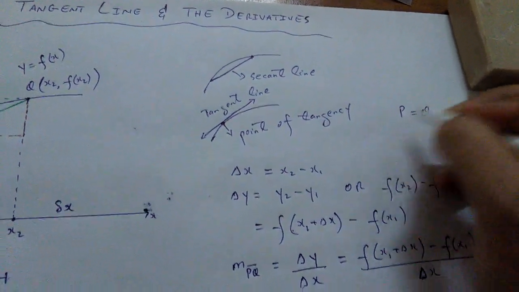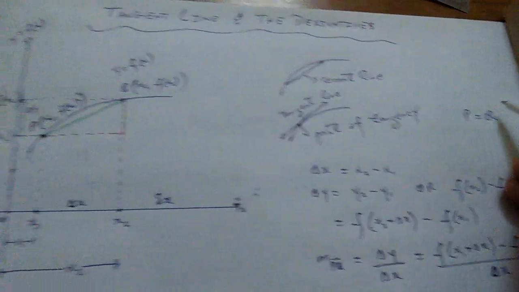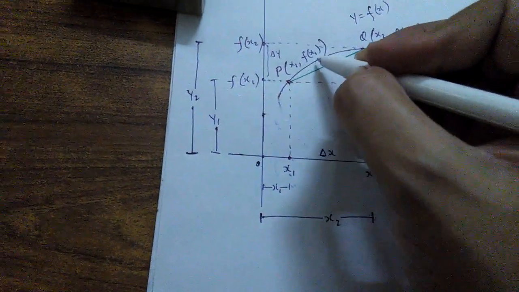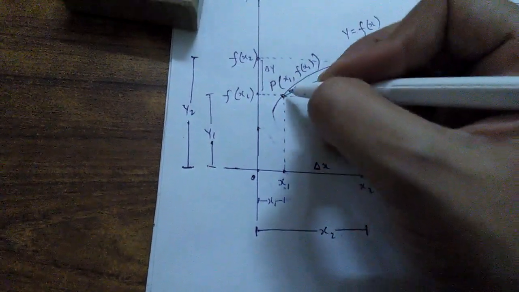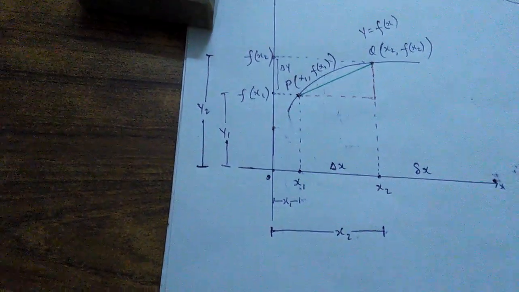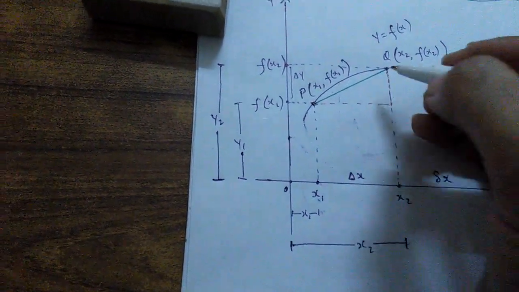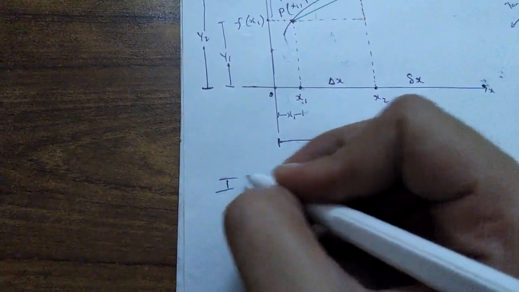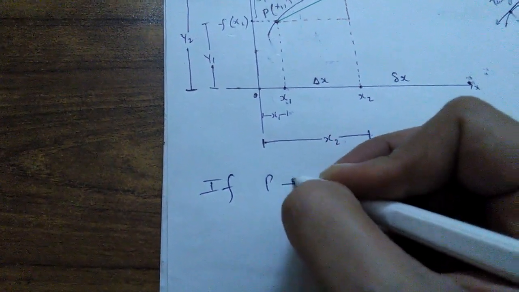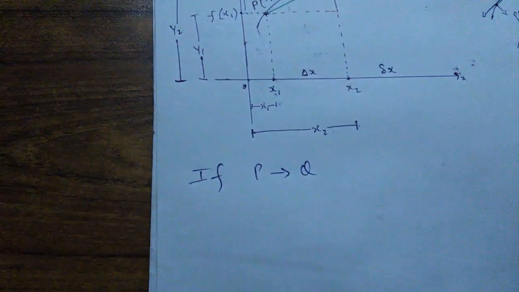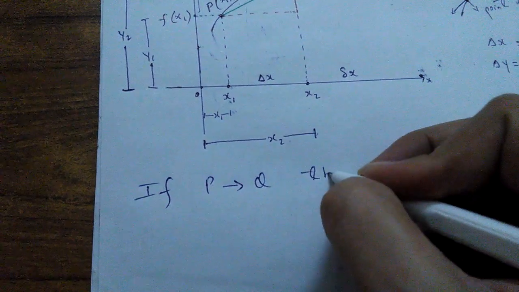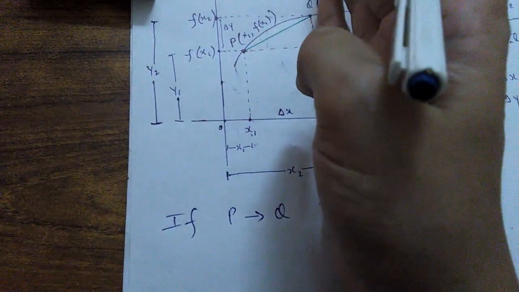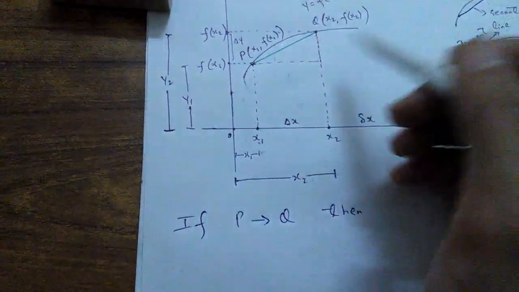and make sure that P is not equal to Q, and Q is not going to overpass your P. This thing is not happening. Only Q is getting closer and closer to P, and it will remain behind P. It's like that, okay? So if your P approaches Q or your Q approaches P, then this del x is going to reduce, because Q is moving towards it.